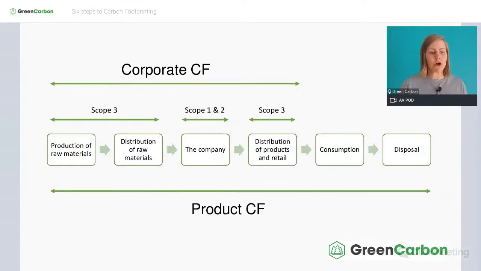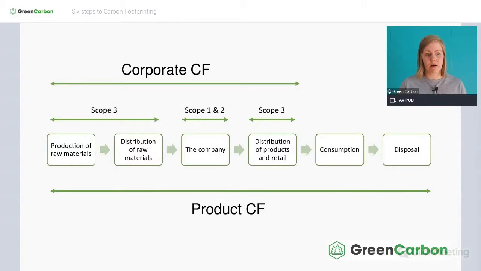And then there are the upstream value chain emissions, those that come from before your own operations, for example the raw material production. And then there can also be downstream emissions, for example the distribution, or if you produce waste, the waste management also goes downstream in the value chain emissions.